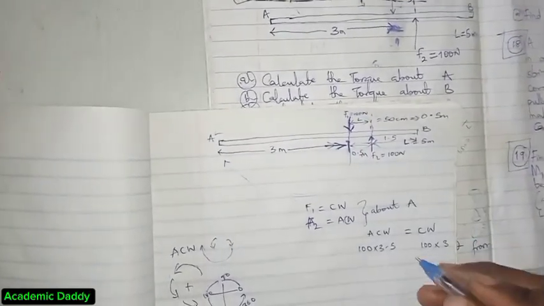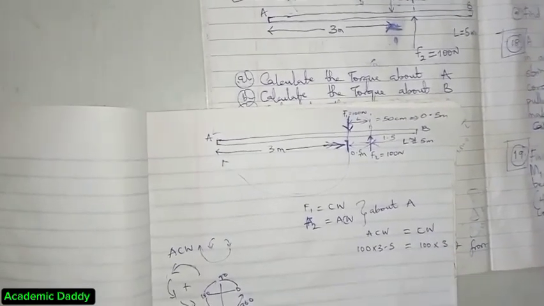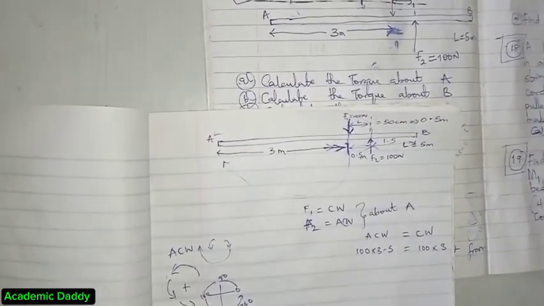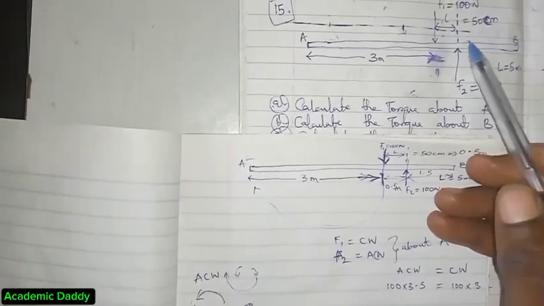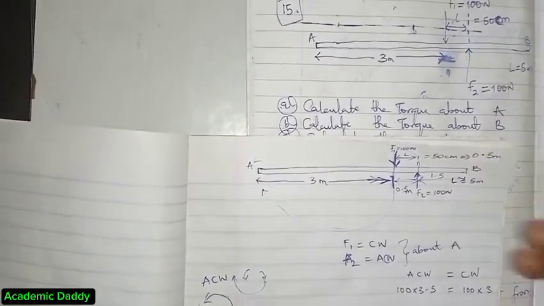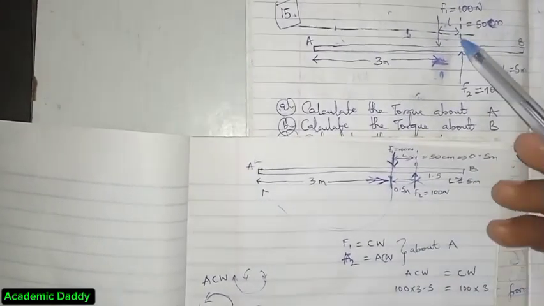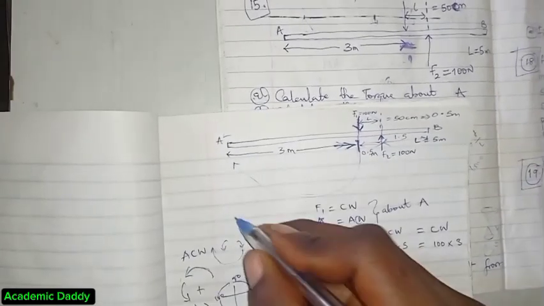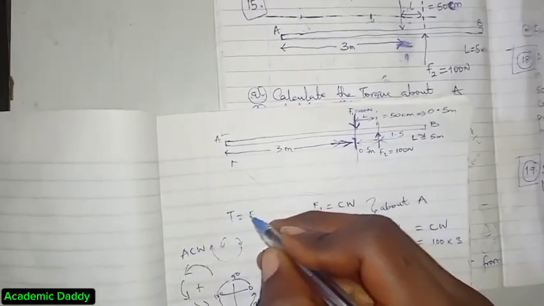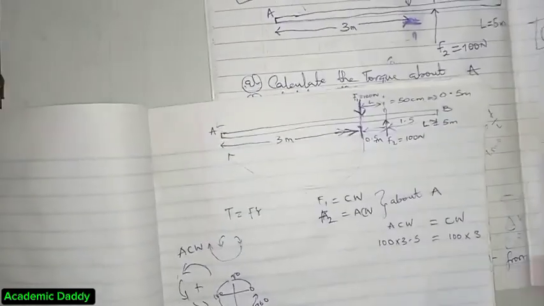So if I check it very well now, going this way 3 meters, then coming this way. And we remember what torque is. Torque is equal to force times R. So let's try to solve.